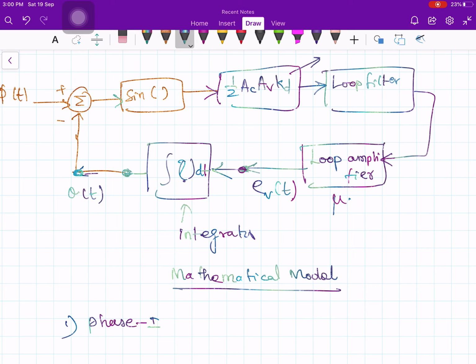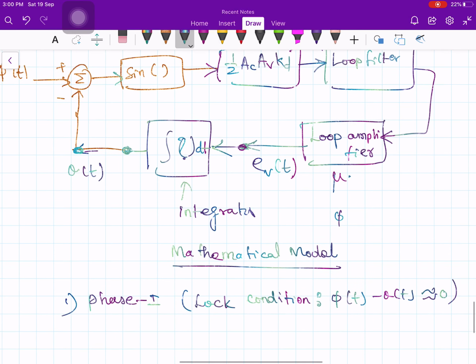Lock means what? Your phi of t is equal to theta of t. Lock condition, phase 1. So we assume that somehow your loop is locked. That means phi of t minus theta of t is approximately equal to 0. What does that mean? Theta of t is equal to phi of t.